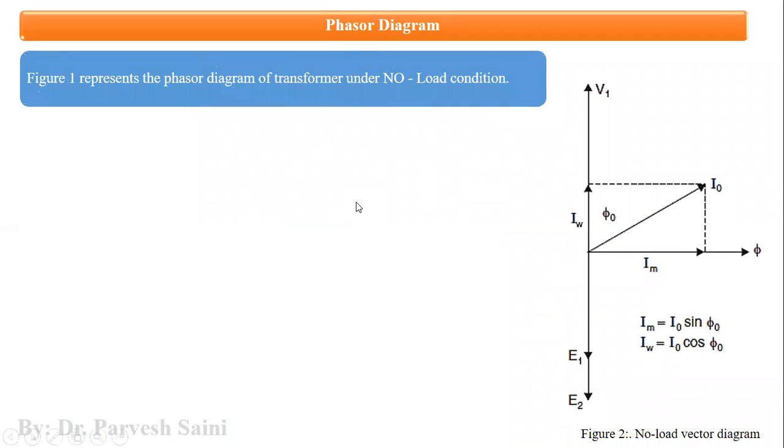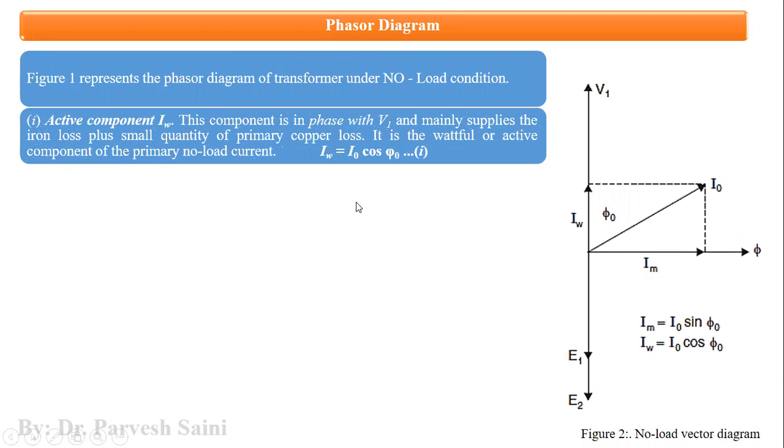So this is the phasor diagram I already mentioned. Now there are two components which were already mentioned in the previous slide. This Iw is the active component, also known as the wattful component of the no load current, and it can be obtained using this diagram, right? Now this is your phi naught.